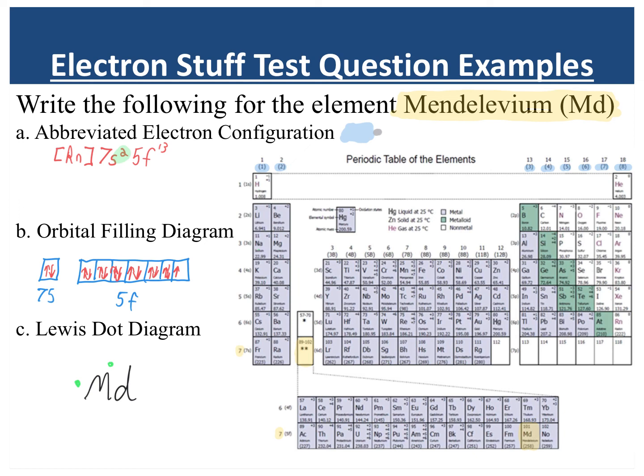All right, so these highlighted things, I need a pen. These highlighted things equal the number of valence electrons, or dots, if that makes it a little easier for you.